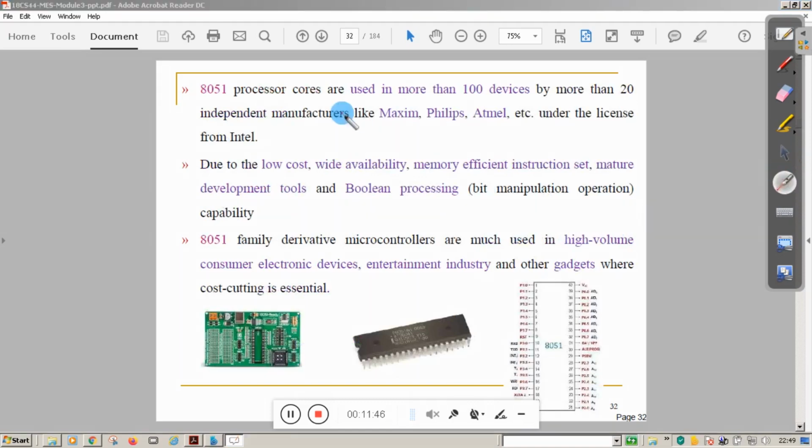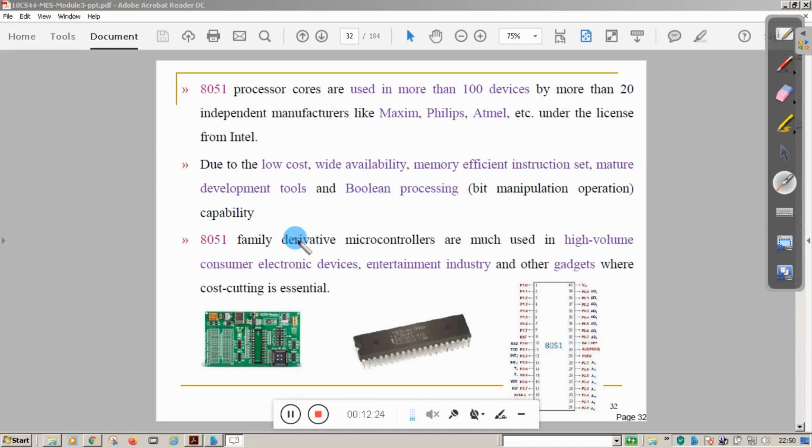So next one is the 8051 processor. 8051 cores are used in more than 100 devices by more than 20 independent manufacturers like Maxim, Philips, Atmel, etc. The key factors for the use of this microcontroller were low cost and wide availability, memory efficient instruction set, mature development tools, and Boolean processing, that is, bit manipulation operations.